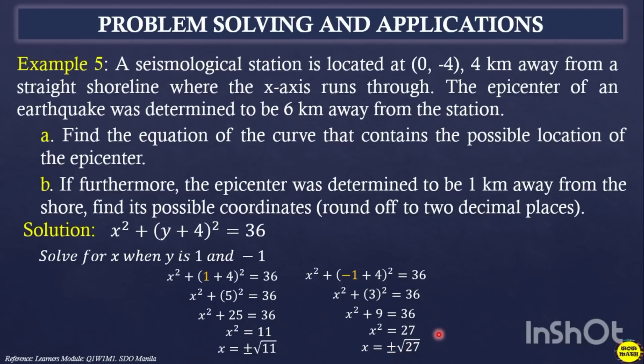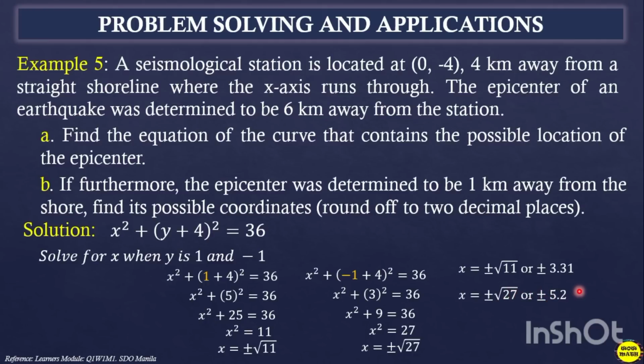So, ano ngayon yung mga possible coordinates natin? Si square root of 11, pwede natin yan kunin yung value niya, that is 3.31. And yung square root of 27 natin, that is equivalent to 5.20.